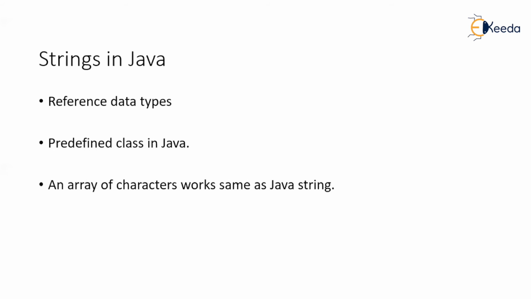Whatever string I am creating, internally it is converted into an array, and the data type of that array, what type of data is stored in it, is nothing but character. So in short, strings are stored internally in the form of a character array.